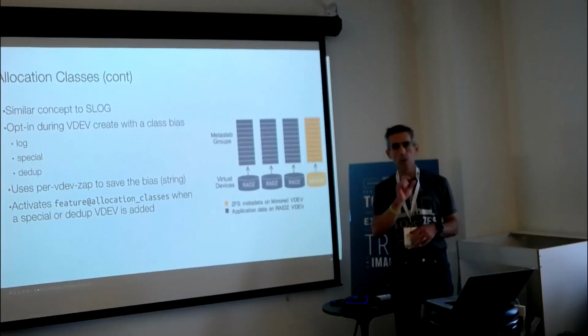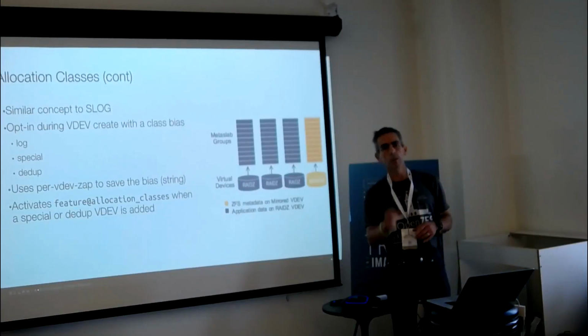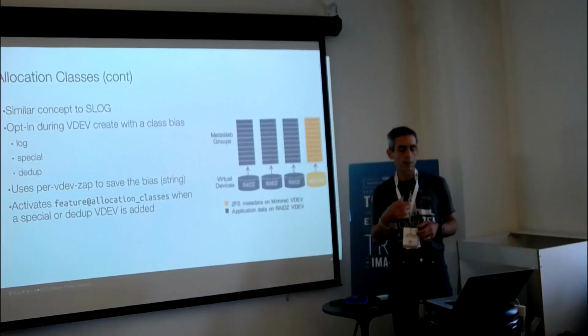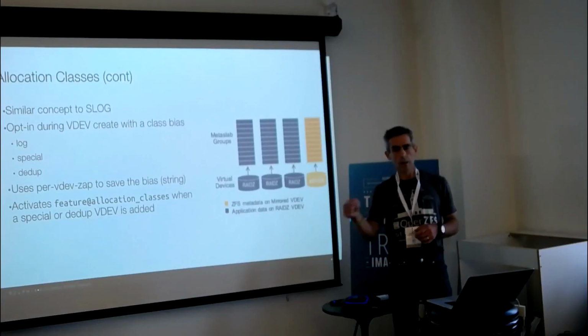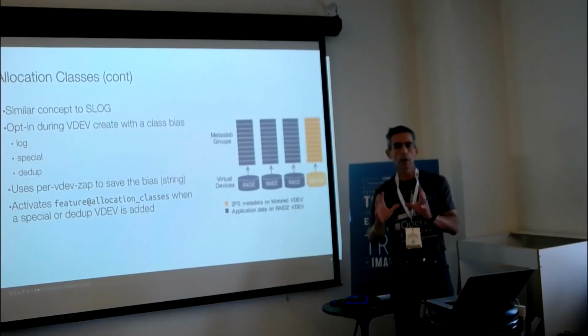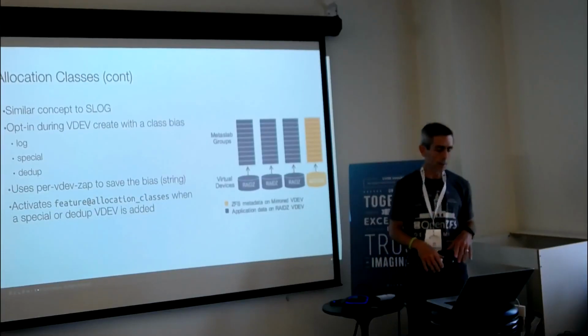When you're adding the log device, you just put log in front of it, and then we set it up to be separate. In the same way, these allocation classes are a separate tier. It's like a separate VDEV. We put those together in groups into a class, and so data is going down a different path.